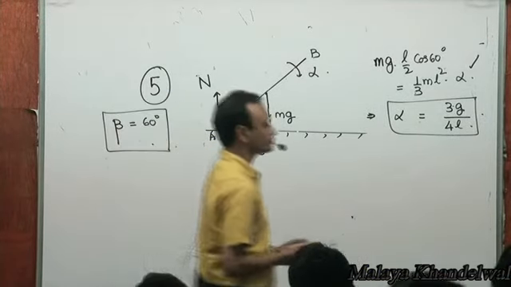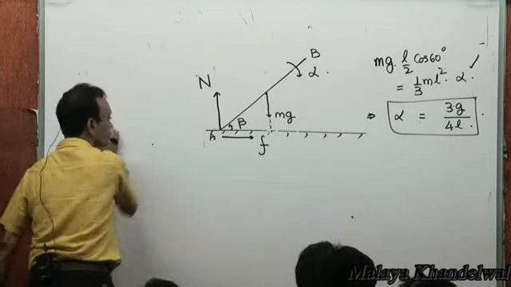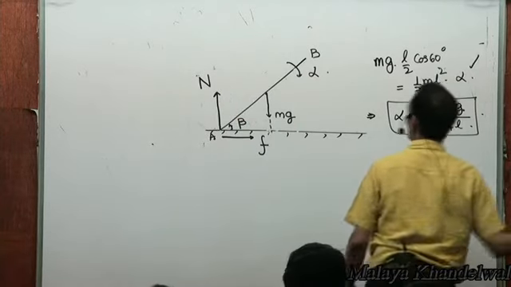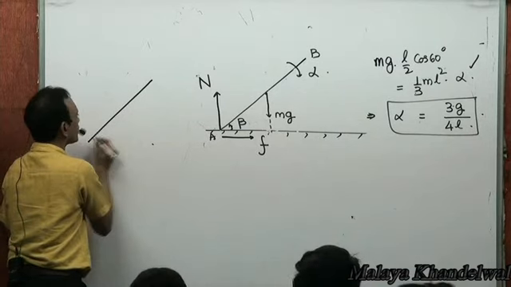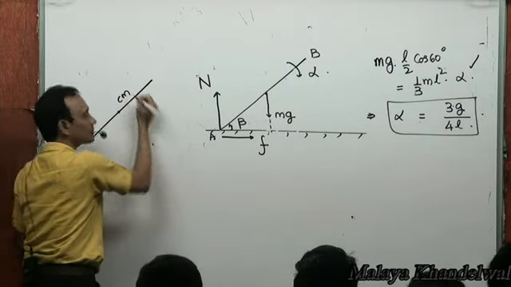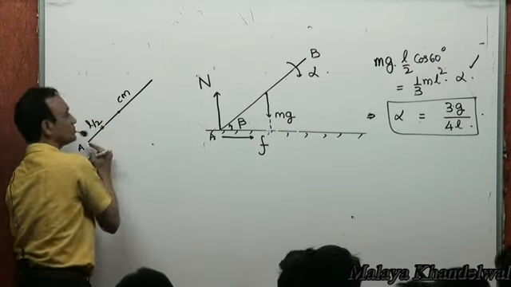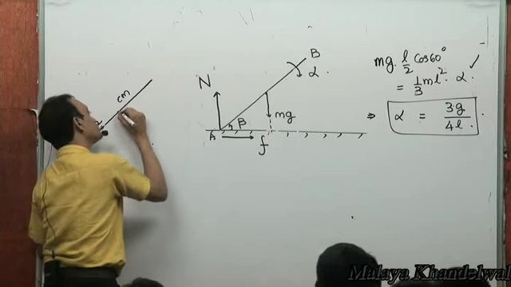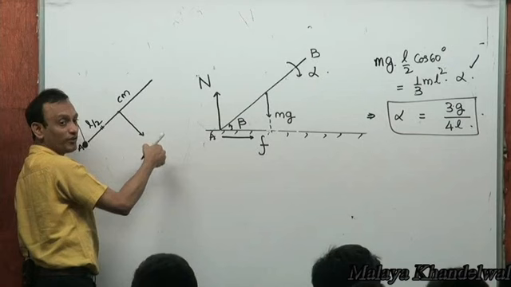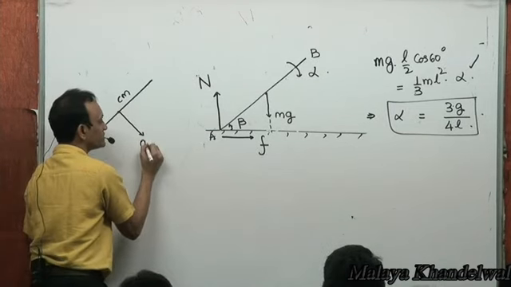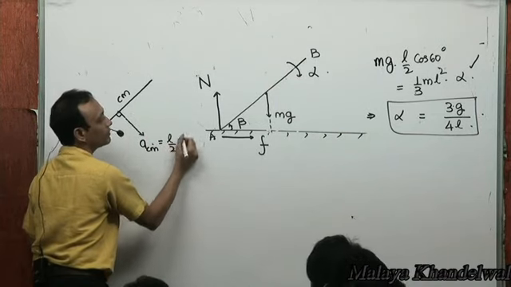Now, the center of mass will move in a circle of radius L by 2 centered at A. So the center of mass will have an acceleration perpendicular to the rod, L by 2 alpha. ACM perpendicular to the rod is going to be L by 2 alpha.